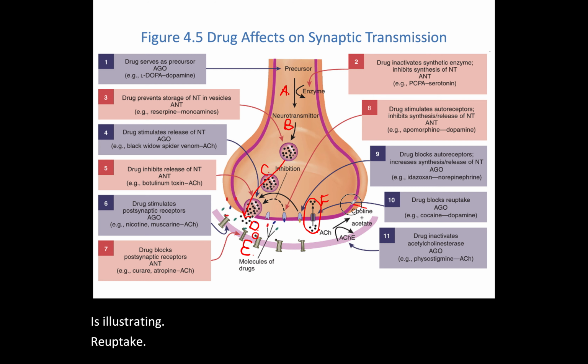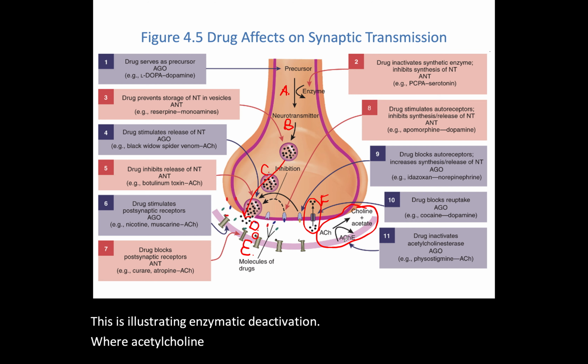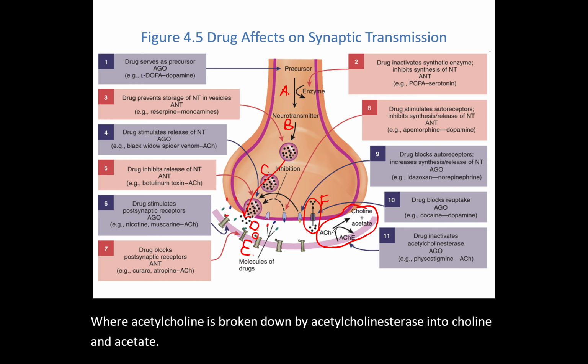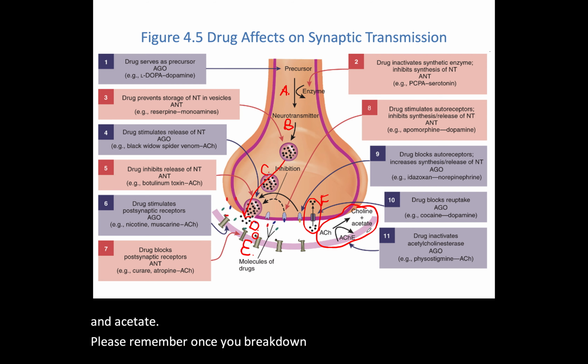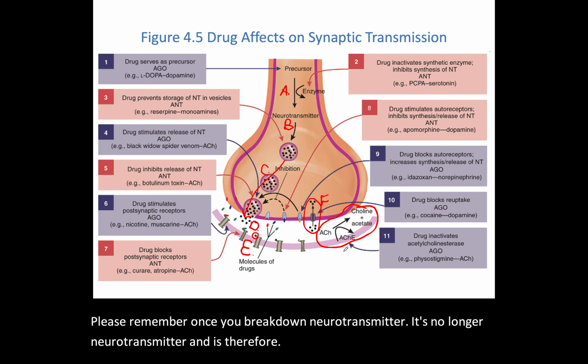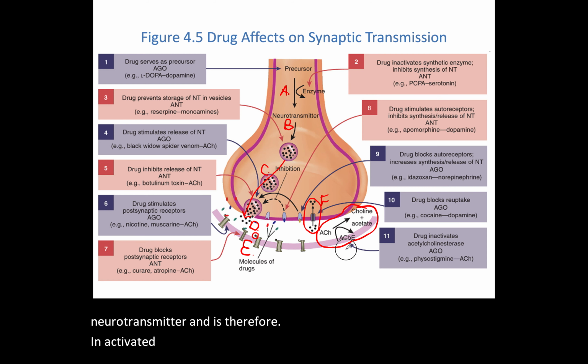This is illustrating enzymatic deactivation, where acetylcholine is broken down by acetylcholinesterase into choline and acetate. Because remember, once you break down neurotransmitter, it's no longer neurotransmitter and it's therefore inactivated. Let's call this G.